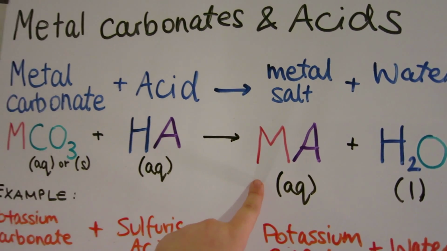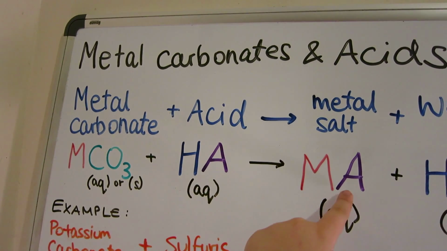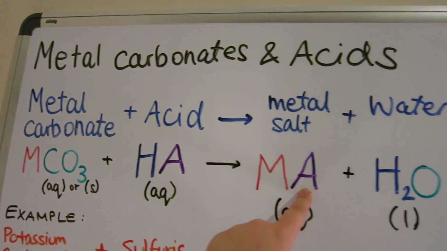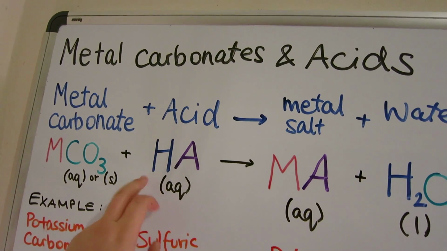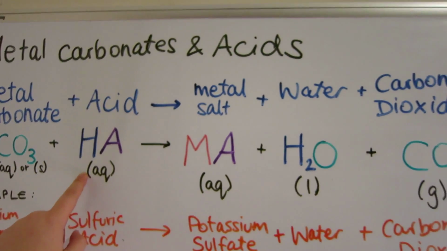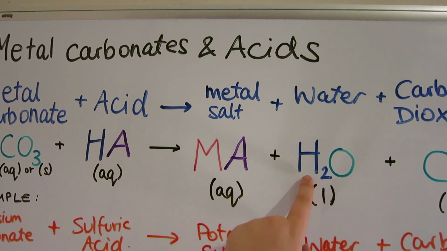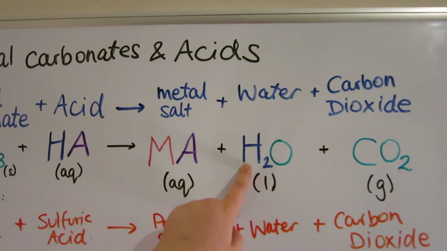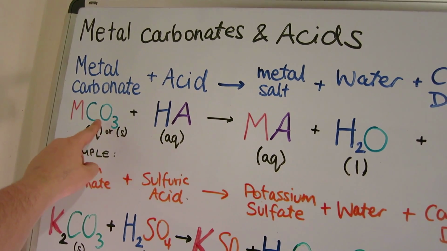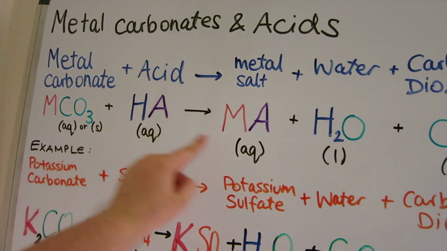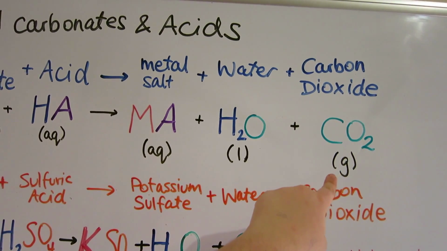So now we've got our metal salt. Remember, our metal always comes first and pairs up with the part of the acid to produce our metal salt, or just our salt. And now we have our acid, the hydrogen from that acid comes over to the water, and we have the breakdown of this carbonate, CO3, into one oxygen atom and carbon dioxide as a gas.